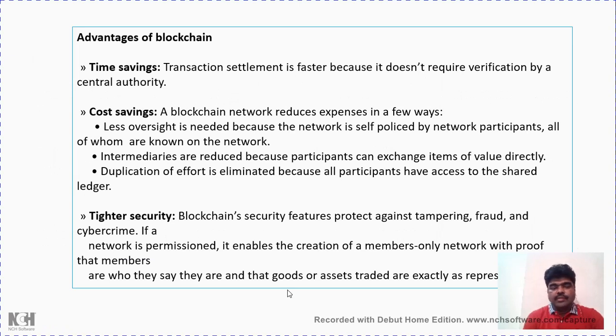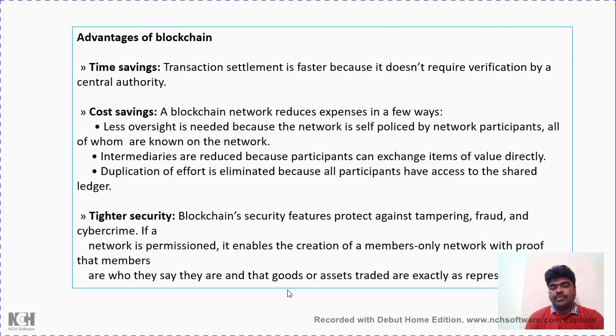Advantages of blockchain: it's time saving because transactions settle much faster. It does not require verification by a central authority, and it is very cost saving because central servers may charge a huge fee, but with distributed systems less oversight is needed, because the network is self-policed by network participants, all of whom are known to the network.